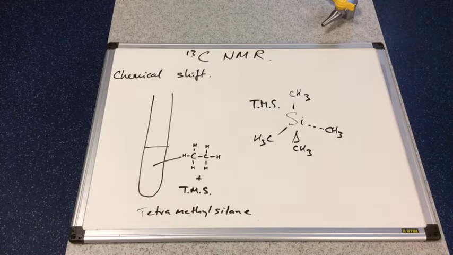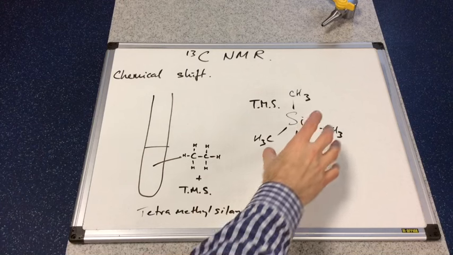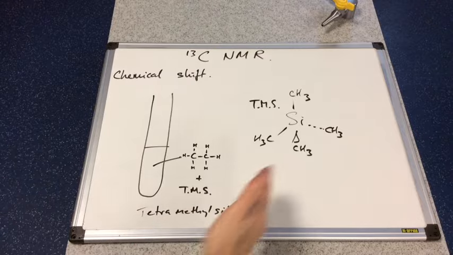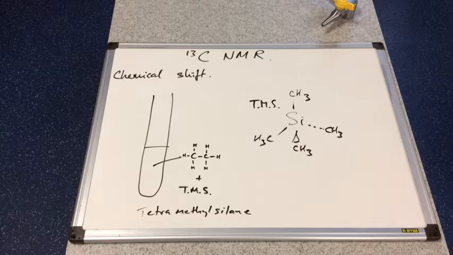So the NMR spectrometer will expose the nuclei to all the different radio wave frequencies, and the nuclei in TMS actually require the most amount of energy to flip their spin states round or to resonate. And so therefore this molecule here gives us our zero value.